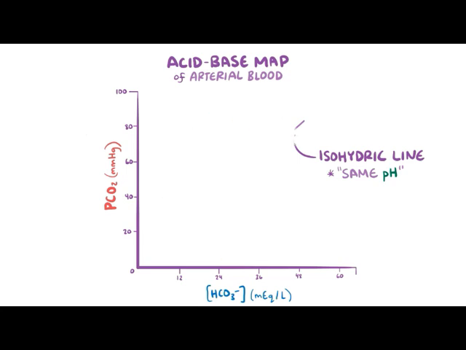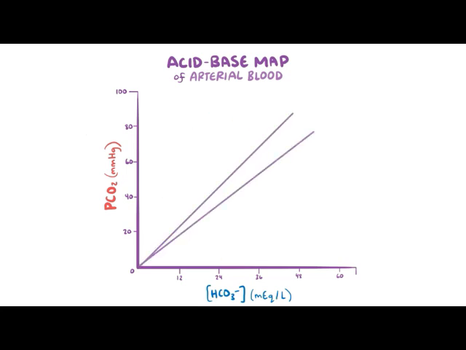In fact, we can draw out two more isohydric lines. This time for a pH of 7.35 and another for a pH of 7.45. A normal physiologic pH is between 7.35 and 7.45. So you can see that there are a lot of combinations of bicarbonate concentrations and partial pressure of carbon dioxide that are between these two lines that would result in a normal pH.